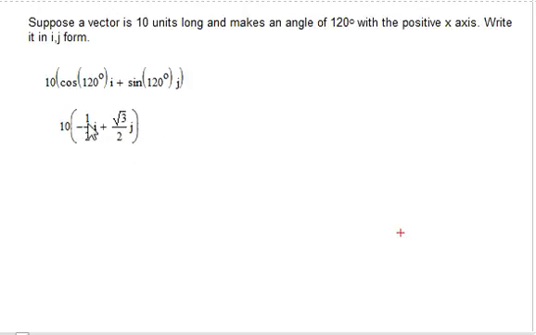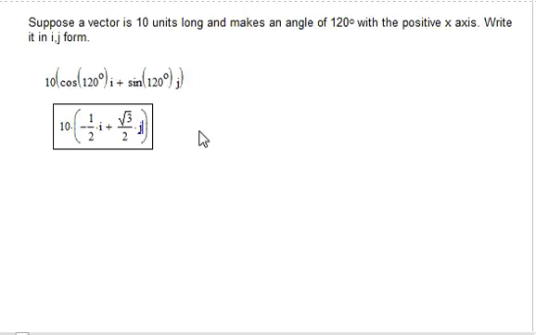Do you understand why that's negative 1/2? Because cosine of 60 degrees is positive 1/2. So cosine of 120 is negative 1/2, same reference angle, but quadrant 2 where x values are negative. And sine of 120 is exactly the same as the sine of 60, which is the square root of 3 over 2.